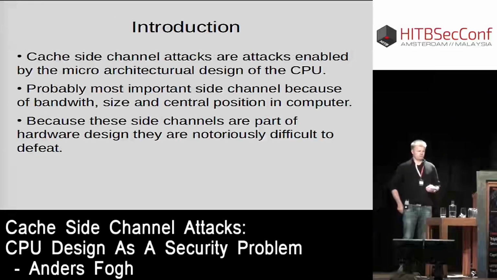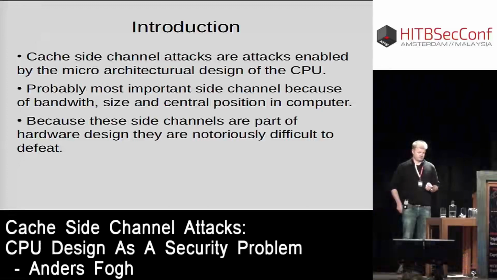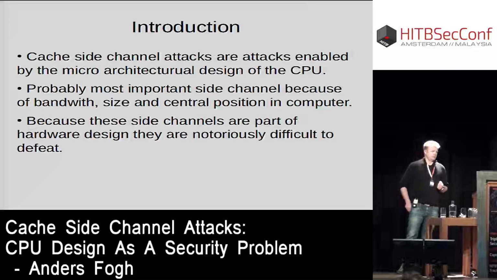To understand the central position in a computer, I like to compare it to a side channel in the floating point unit. The thing is, you can write software without using the floating point unit. In fact, most software doesn't. But you cannot write a piece of software without using memory, and by extension, the cache subsystem. So this is why I think this is the most general kind of side channel attack there is in modern computers, and it's really, really dangerous.